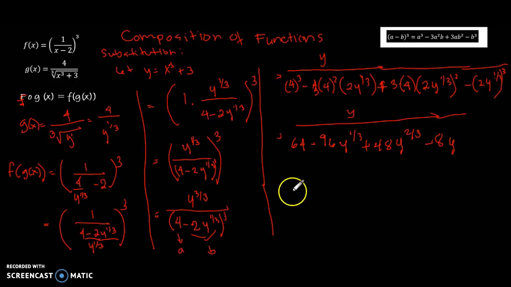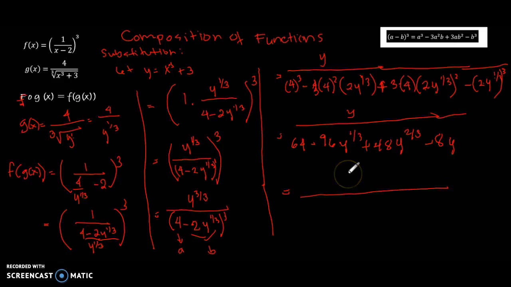Okay, so now we're going to see all of these y's, you can just put back your x cubed plus 3. All right, I'm running out of time here, so I probably will finish it in another video.